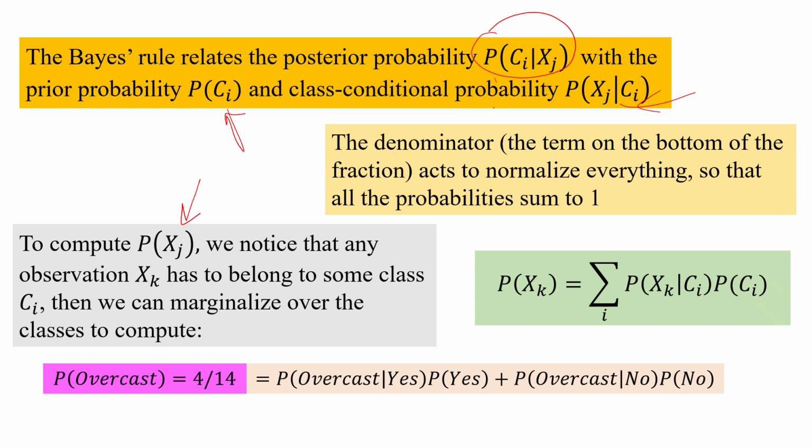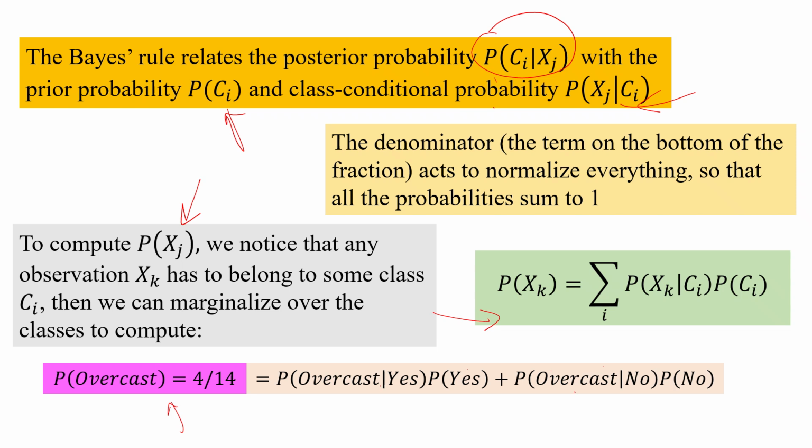To compute this P(X), we can simply sum over all the classes P(X given Ci) into P(Ci). So the probability of overcast is P(overcast given yes) into P(yes) plus P(overcast given no) into P(no).